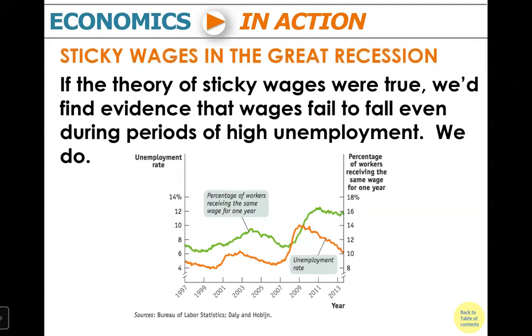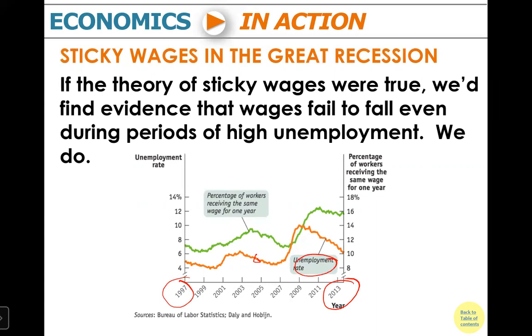Before I show you the full model, here is some data to confirm the existence of stickiness of the nominal wage. We look at the data from 1997 to 2013. This red one is the unemployment rate.